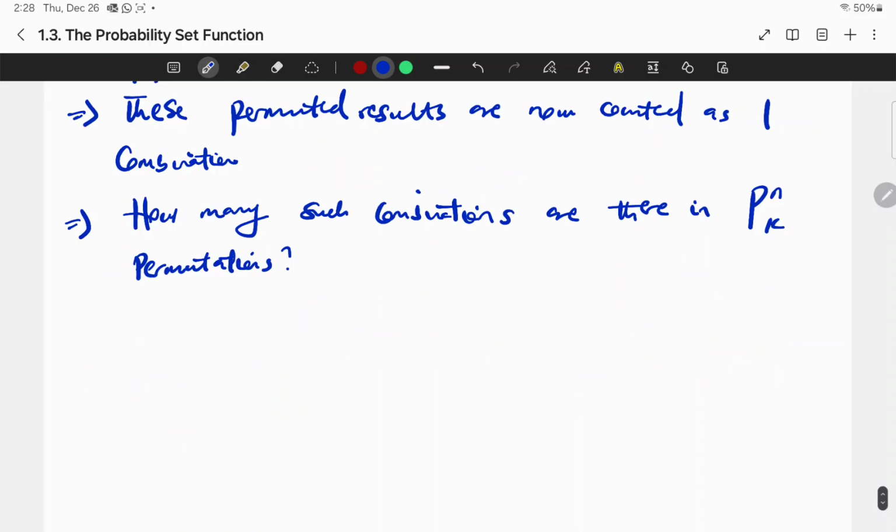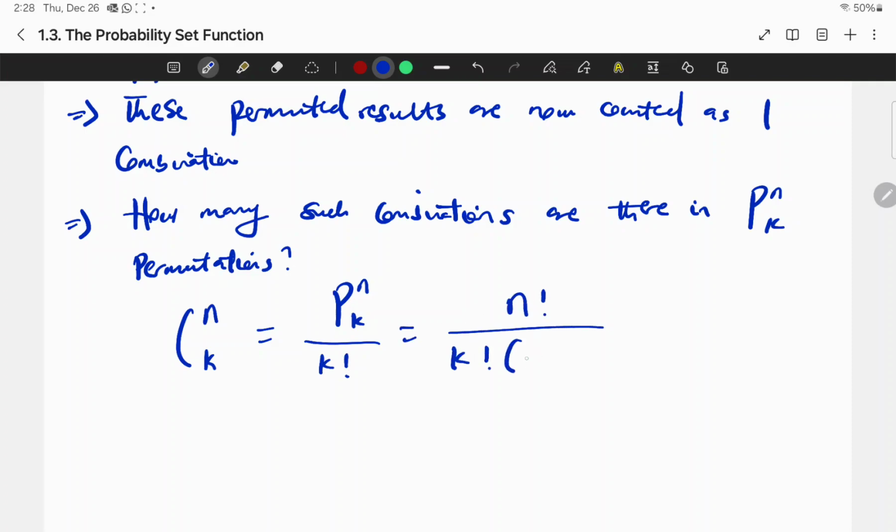And that results in the definition of combination. n choose k is now equal to permutation P(n, k) over k factorial, and that gives us n factorial over k factorial times (n minus k) factorial.